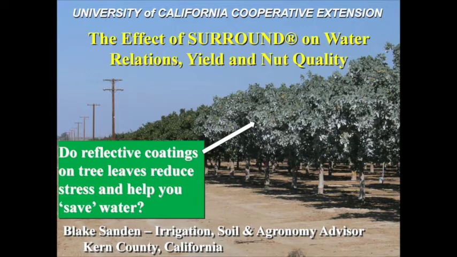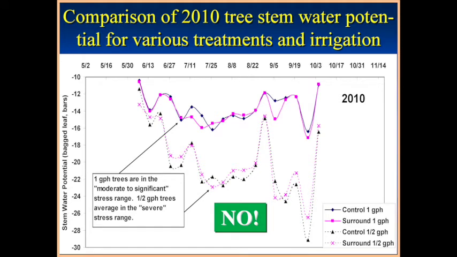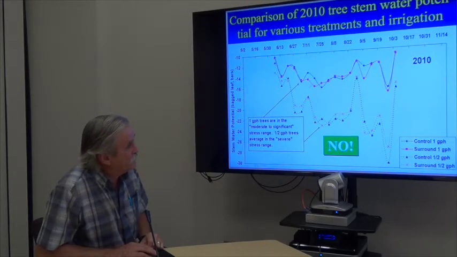Little aside, does a protective reflective coating, Surround, sprayed on pistachios or almonds cut down the ET because you're reflecting some of the heat? No. Here is control. Control is the triangles here, the squares here, two different irrigation measurements.